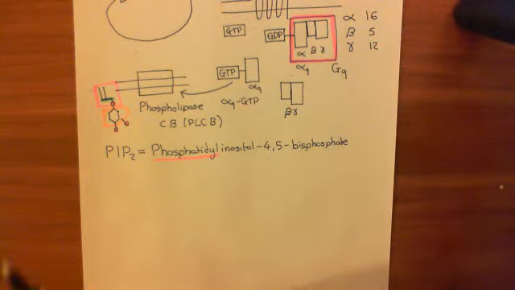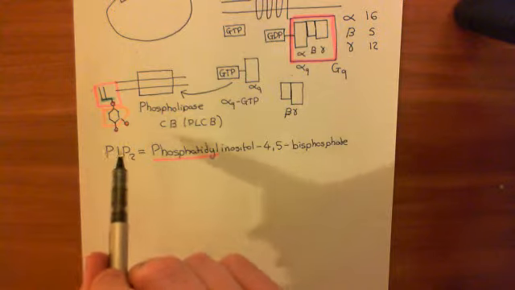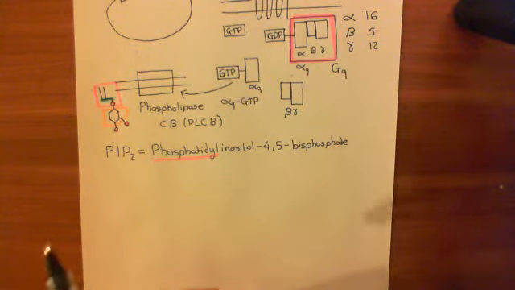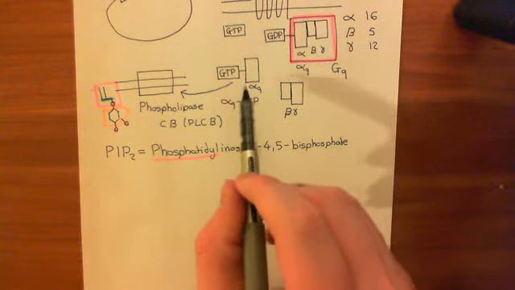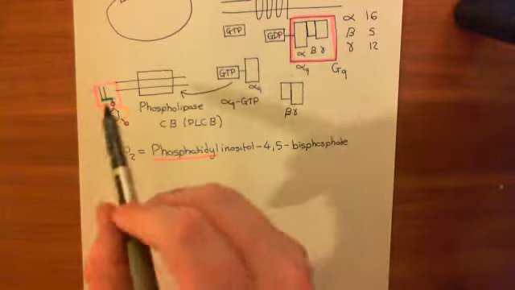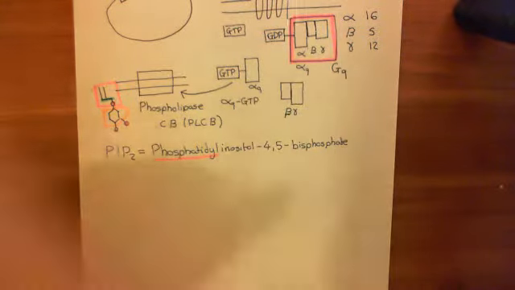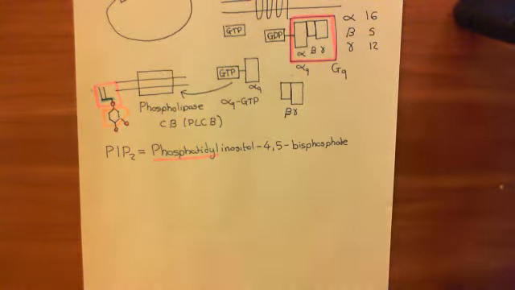So basically, the substrate for this enzyme is phosphatidylinositol 4,5-bisphosphate, and what this enzyme does when it's been activated by the alpha-Q GTP complex is it's going to cleave a bond in this PIP2 molecule.